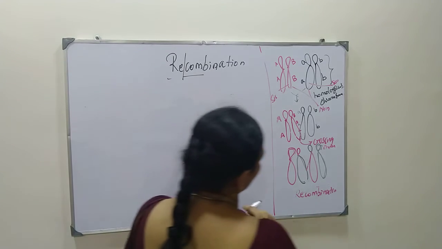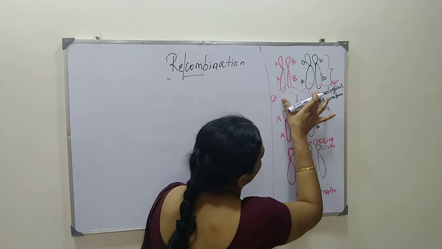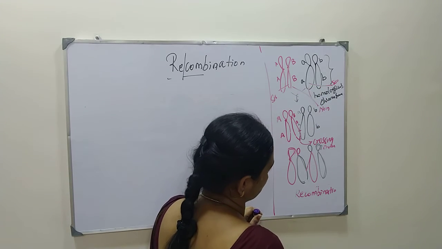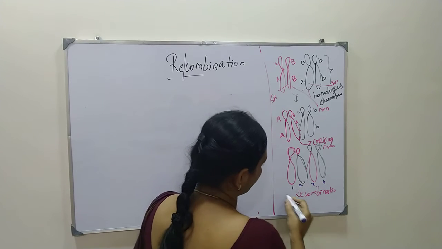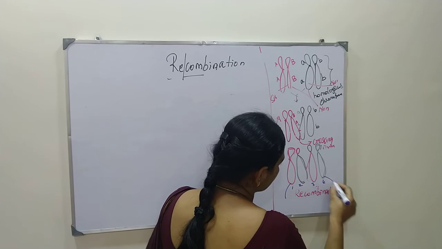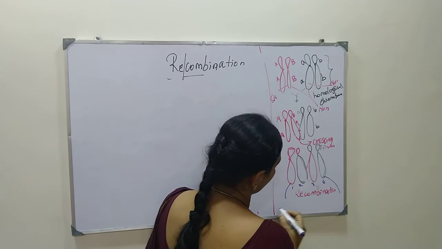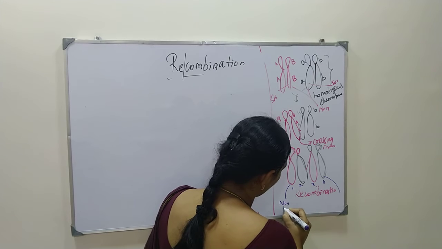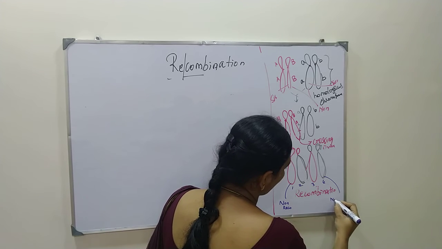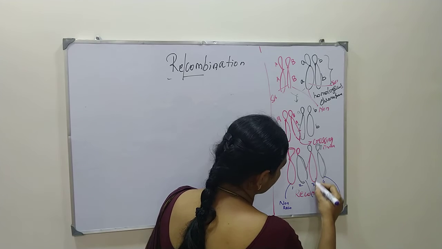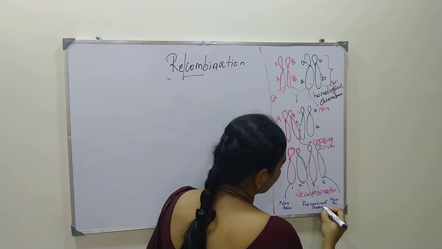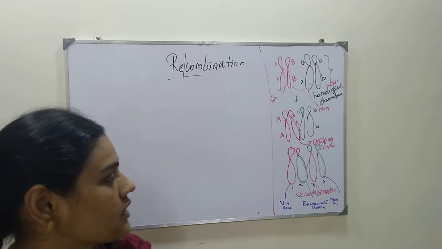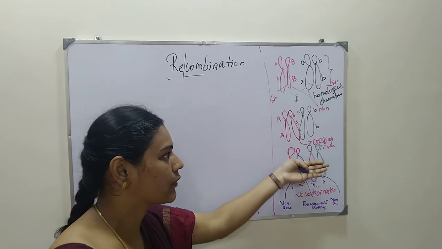Here you have the homologous chromosomes of two different parents, four chromosomes. These two look like the parents, so they are non-recombinant. This one is also non-recombinant, but if you take this, it is called recombinant progeny or recombinant offspring, meaning the son or daughter produced in the generation.